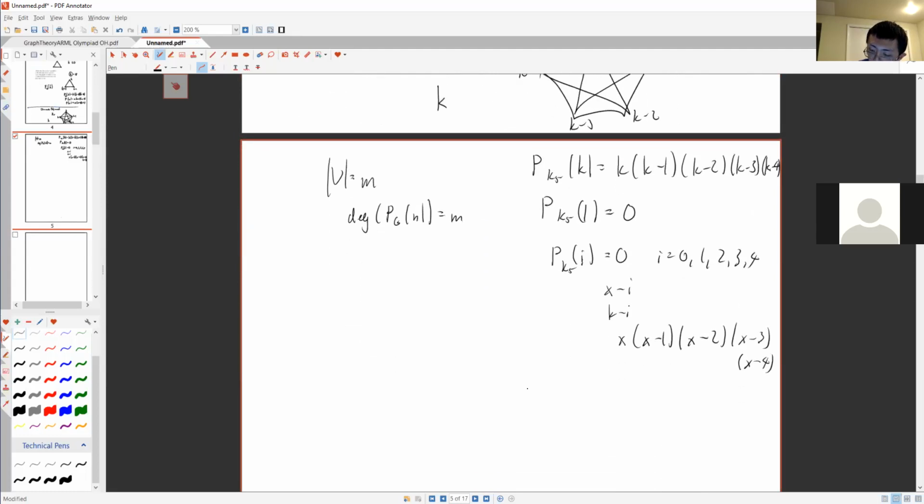So let's do another example. What is the chromatic polynomial of this graph on 3 vertices? This is the path on 3 vertices, I'll call it P3.